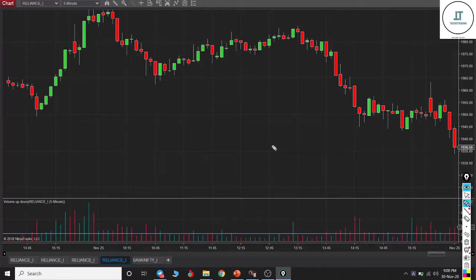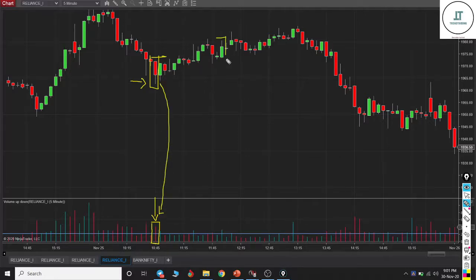And before moving on, look at this. This is a red colored candle, and straightaway you could see the volume is also red. If the candle is red and the volume is showing as red, it doesn't clearly mean that only selling volumes are there. If the color of the candle is red, the volume bar will be red.